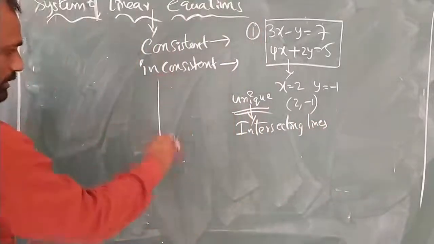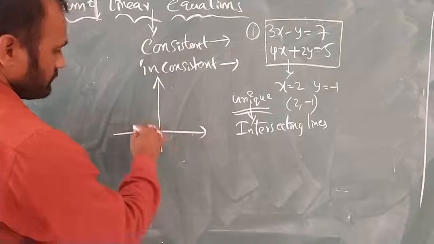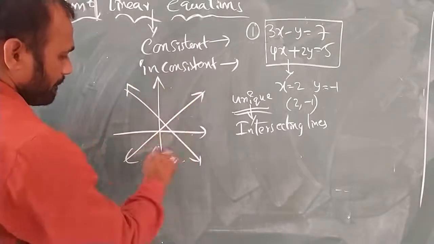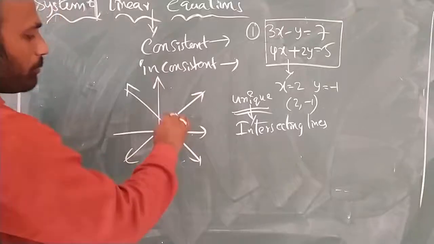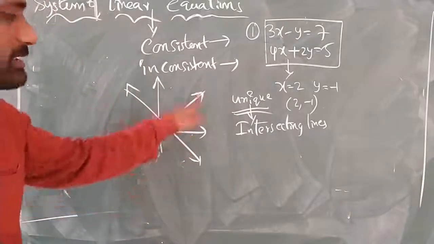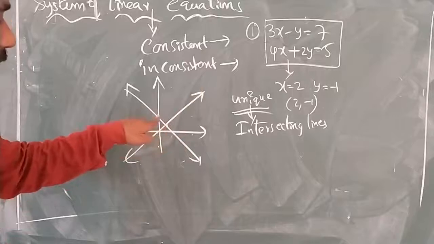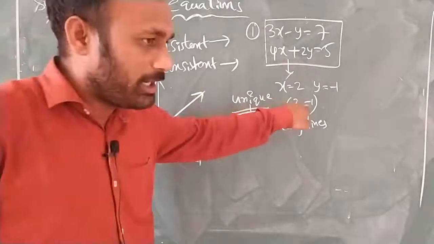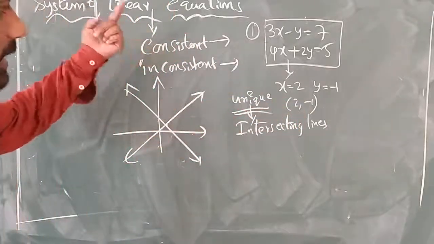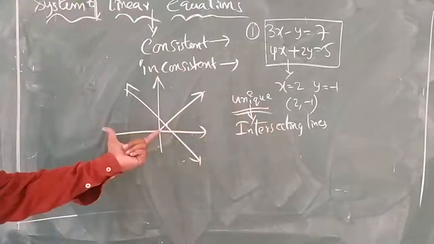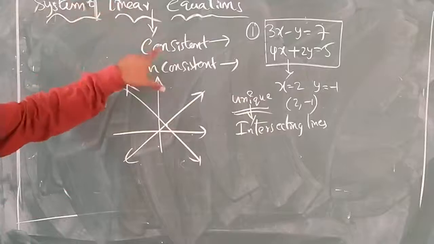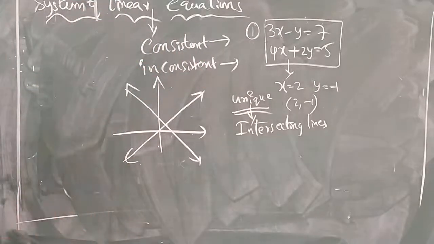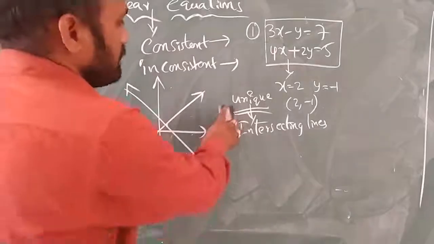It means, to show in the graph, they are going to meet at one point. These are called intersecting lines. So if these two lines are intersecting lines, with a unique solution, we will call that system of linear equations consistent.